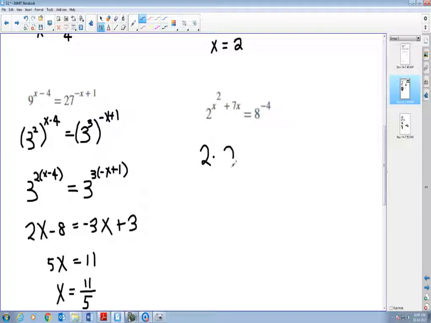So what I can do is rewrite this as 2 to the x squared times 2 to the 7x. I can write it this way, but I don't want to, because that actually gives me 2 bases. I just want to make the base the same right now. So I'm going to try to make the base 8 into a base 2.